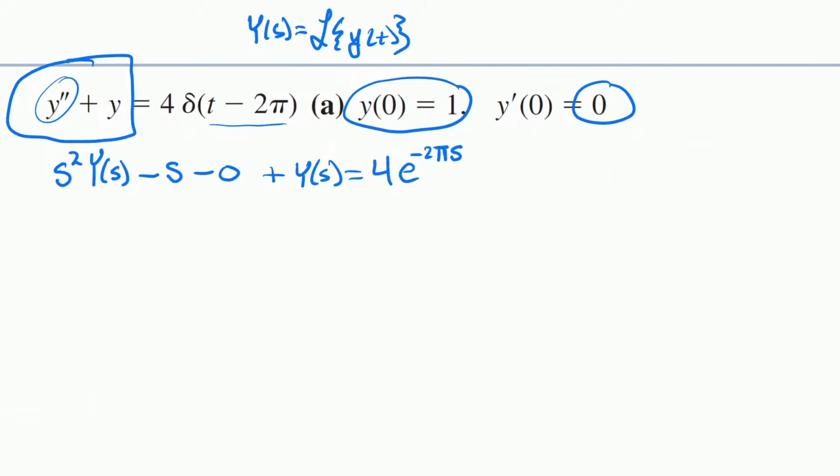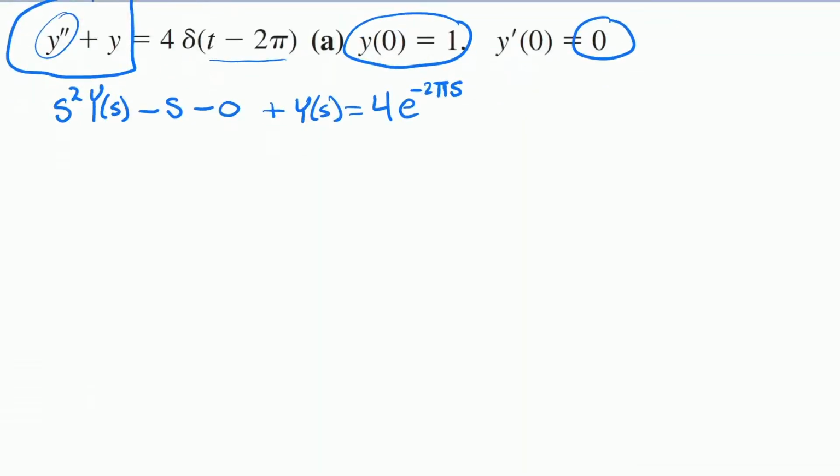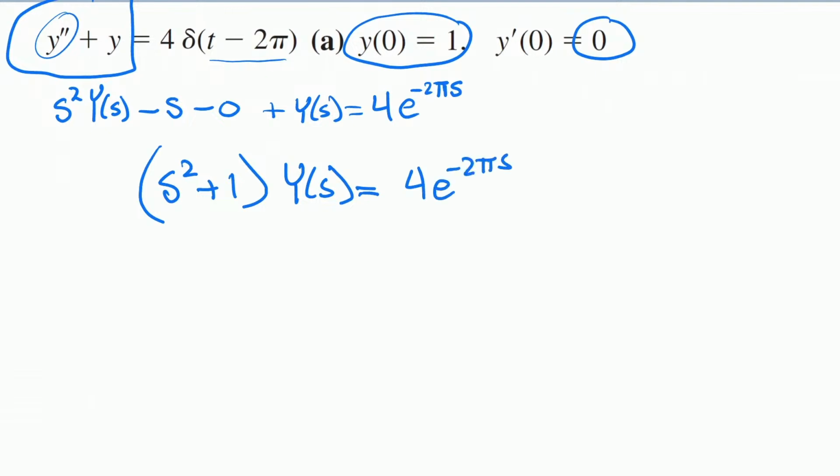So, all right, let's wrap this thing up. This isn't too bad. So we have s squared plus 1. And then over on the right, you've got 4e to the negative 2 pi s plus s. Now this is happy. There's no partial fractions that we're going to have to deal with.